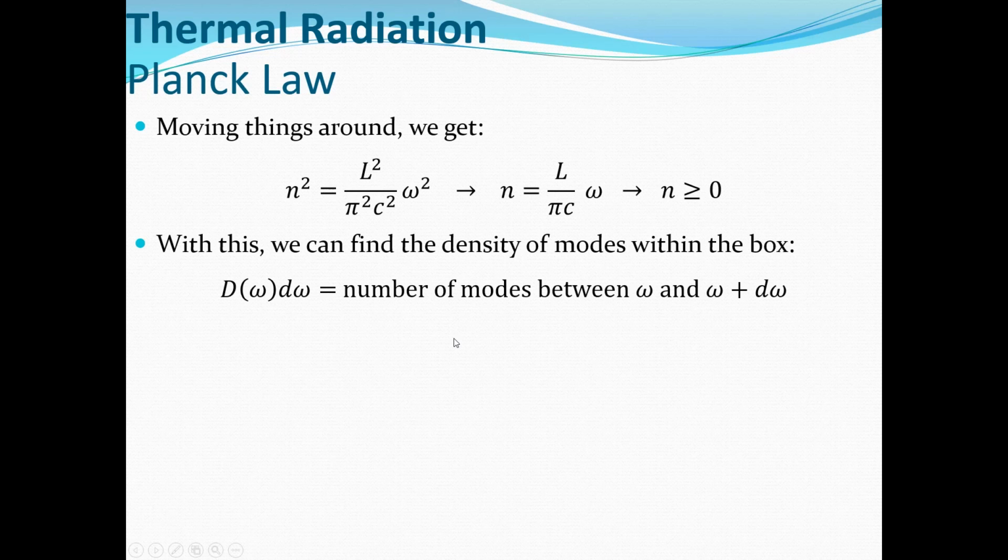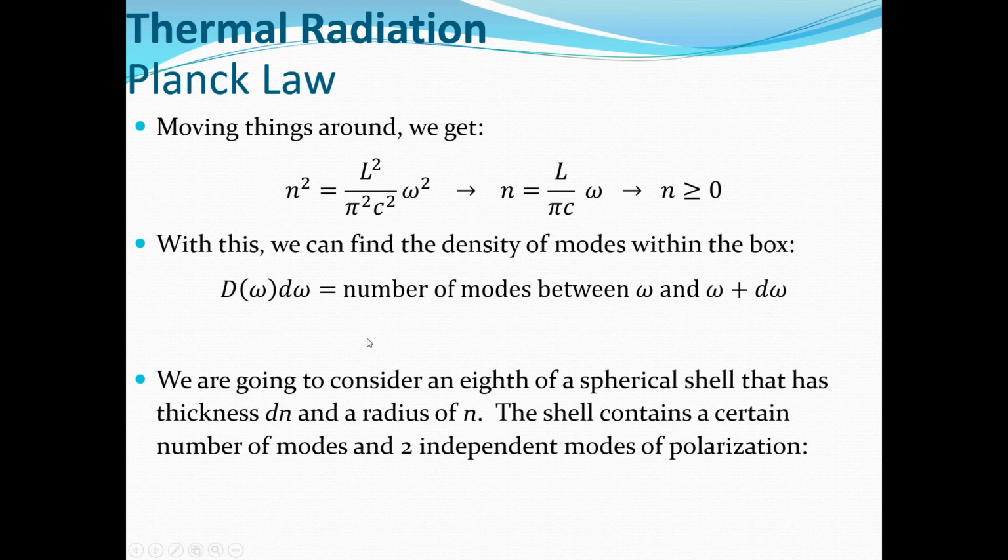And then we could come up with the density of modes within the box. The way we're going to do this is we're going to use this definition. This is going to be equal to the number of modes between some frequency and another frequency, so it's between one mode and another mode.